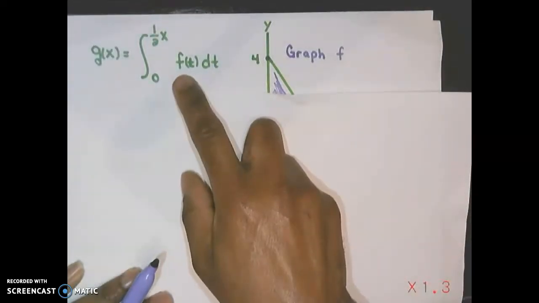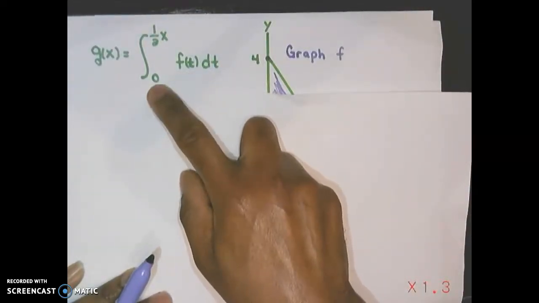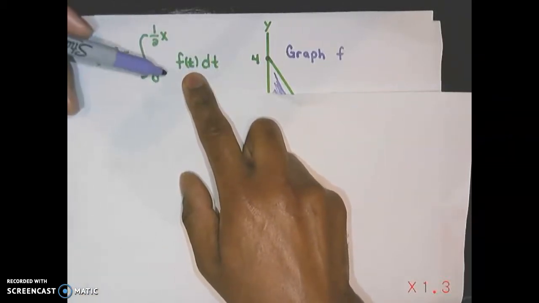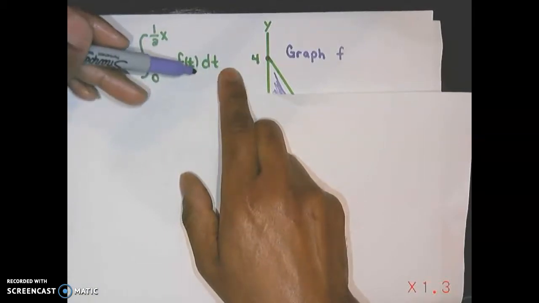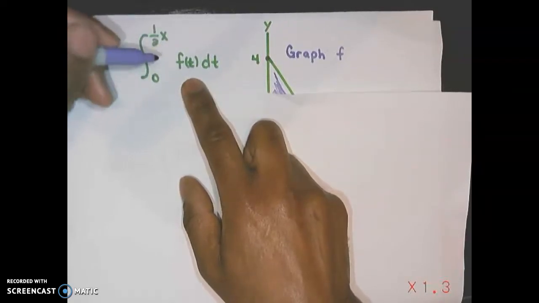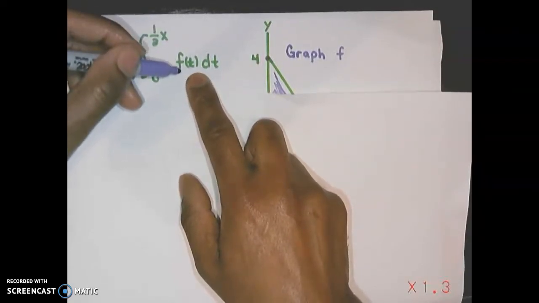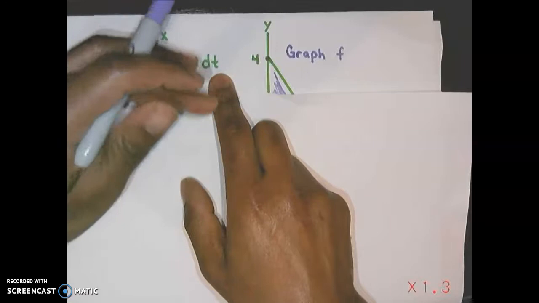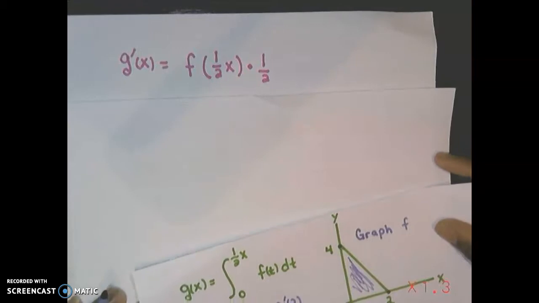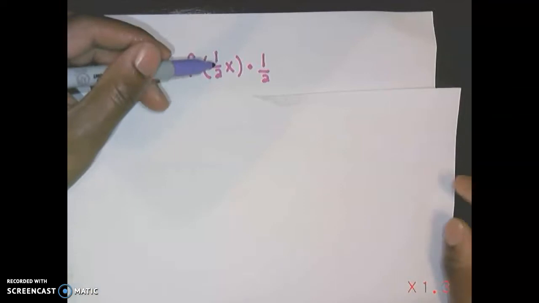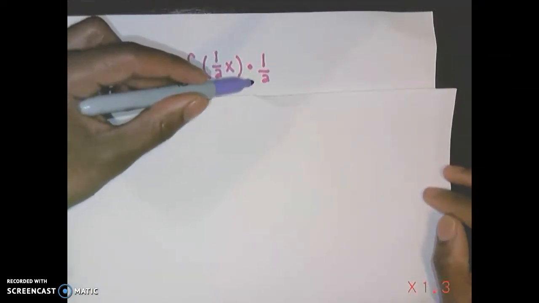So that means we first get rid of the integration sign, and everywhere I see a t, I'm going to put 1/2 x. Then I'll be taking the derivative of 1/2 x. The derivative of 1/2 x is just going to be 1/2.